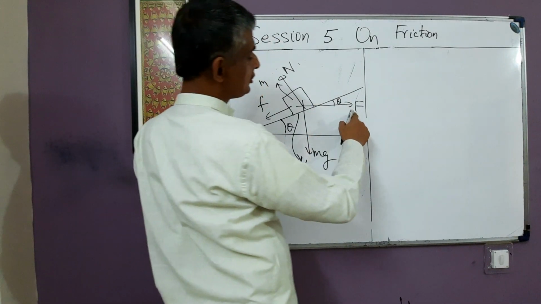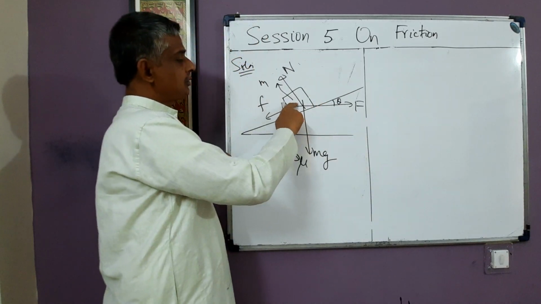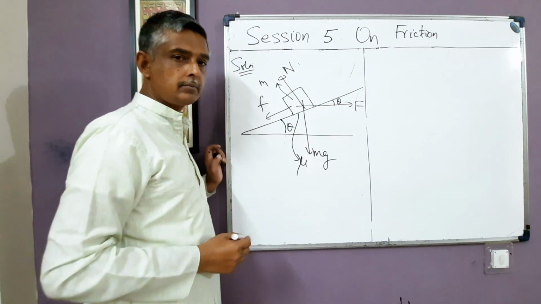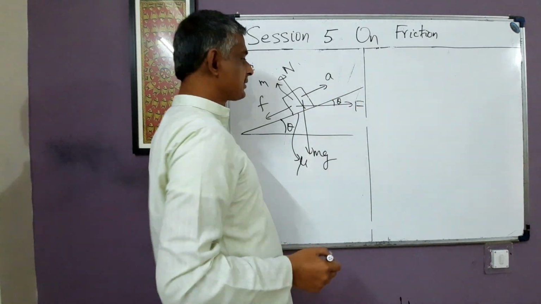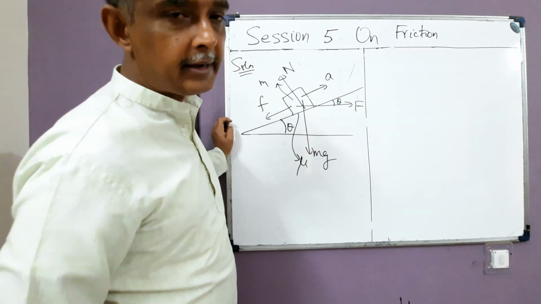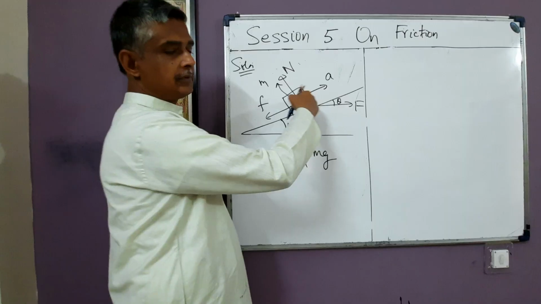Now what I do, I assume that force is just sufficient to cause the block to slip up the inclined plane. So let A be the corresponding acceleration of block up the inclined plane when the force F is applied to it.